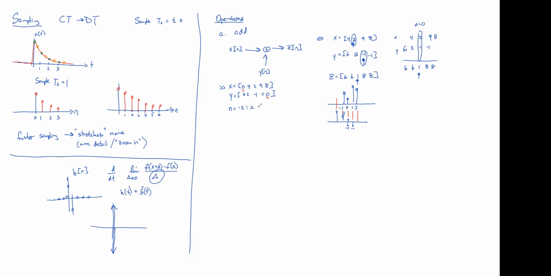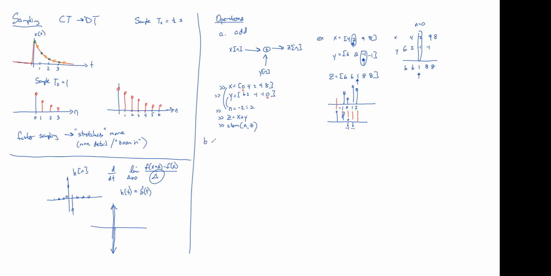And so you zero pad it so that you could plot n comma x or n comma y, and they'd both be valid plots. And now you could simply say z equals x plus y and stem n comma z, and it would work. So those are your MATLAB commands.